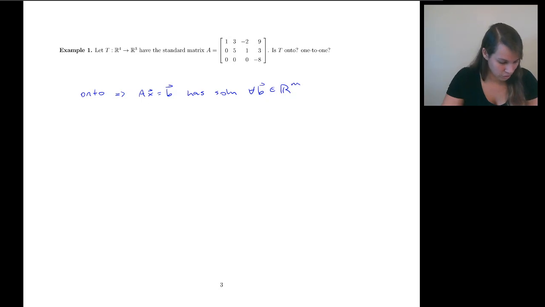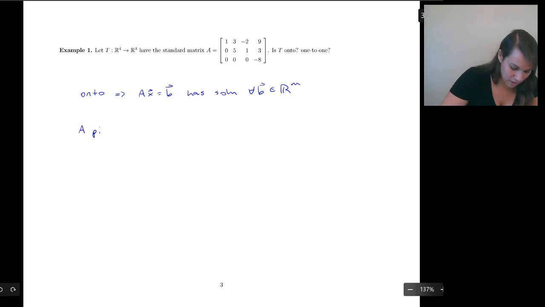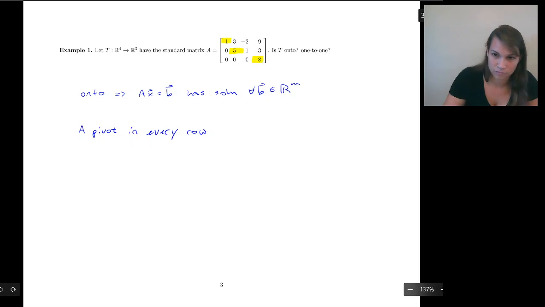Okay, so we're going to say A has a pivot in every row. See, pivot, pivot, pivot, every row.